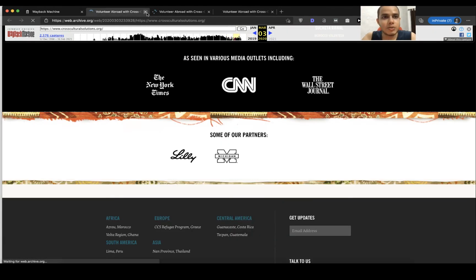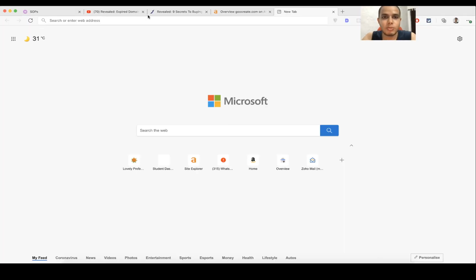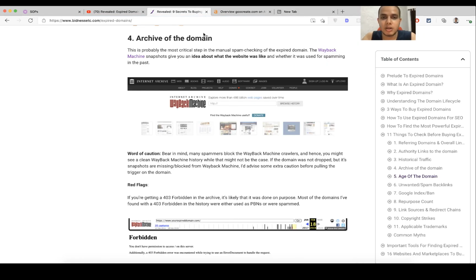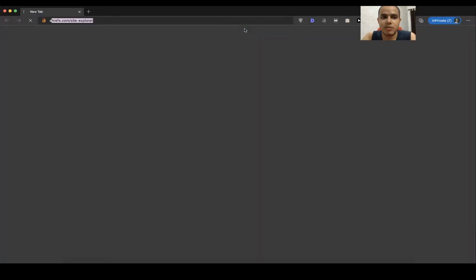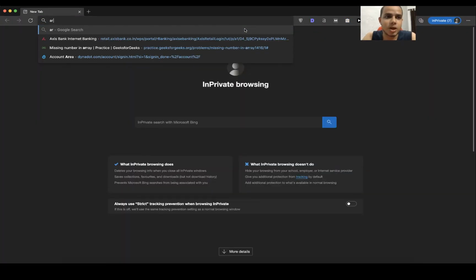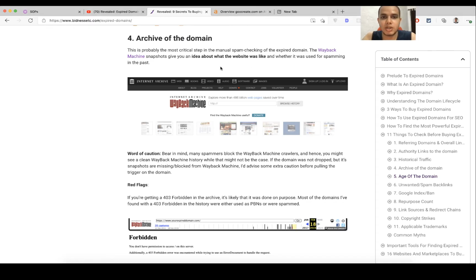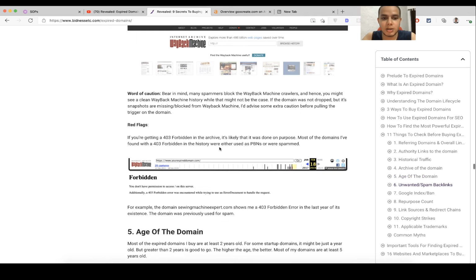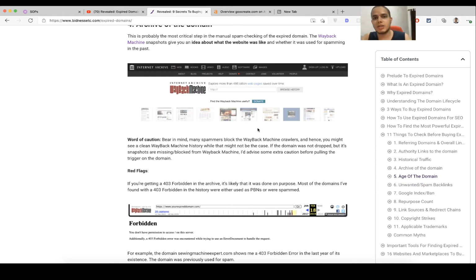A lot of times you'll see 403 Forbidden or some redirection for the green things that we see. That means that the domain was redirected. So whenever it is redirected, you will see a redirection notice before the redirected web page is opened.